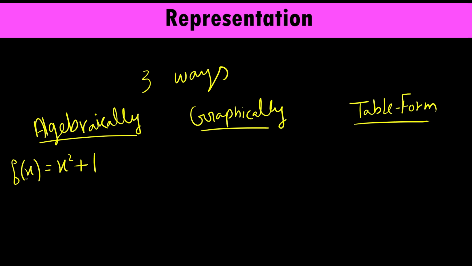By the way, this is the notation of a function where f represents the function and here x is the input we give to a function every time. For example, if I write 2 here, then 2 will be replaced here: 2 squared is 4, 4 plus 1 equals 5.